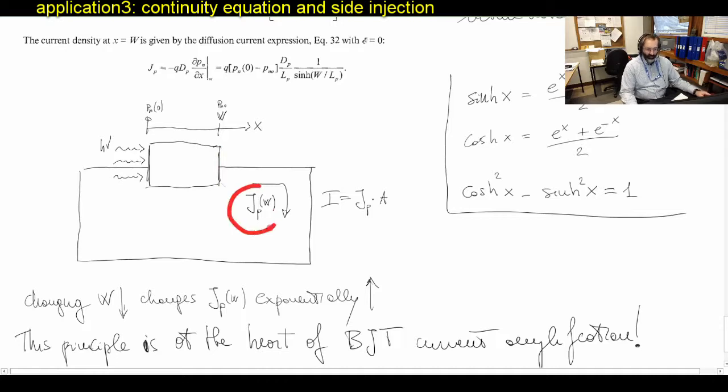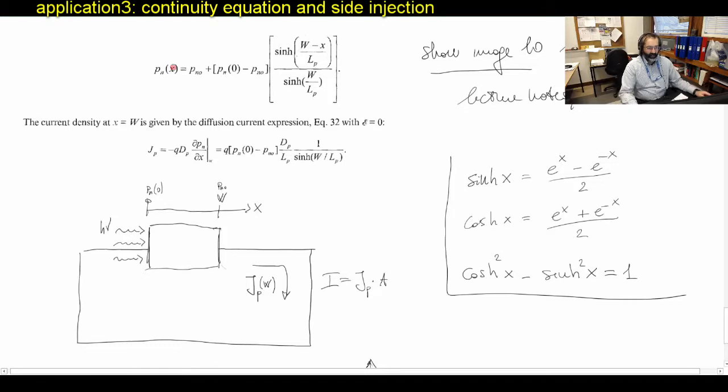So we can calculate Jp at W. So Jp at W means minus q, well, we call this q, times Dp, dPn/dx calculated at W. So if we take this Pn(x), derive it with respect to x, and then calculate it at W, we can demonstrate that this is the result. As you can see, there is indeed some current, which is non-zero, and this is a diffusion current. So there is some current that is flowing through the circuit, if you like.